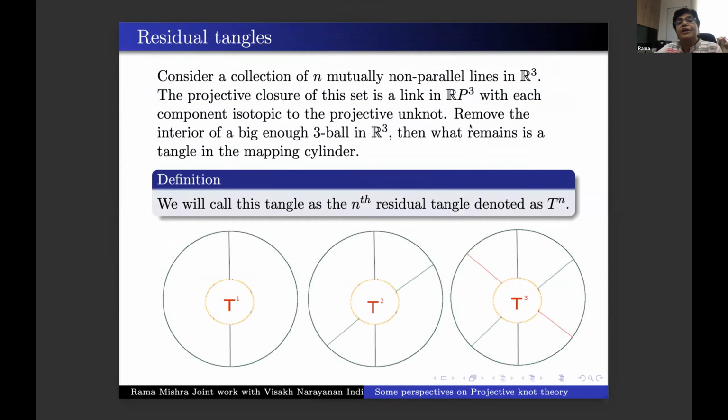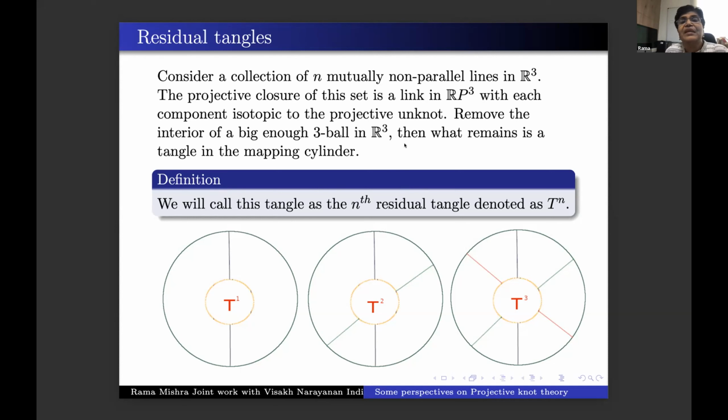So now I want to talk about diagrams in RP3. If you have knots in RP3, can we make them look like some standard form? So some kind of structure theorem we would like to develop. For that, we use terminology for defining something called residual tangles; that's our own terminology.